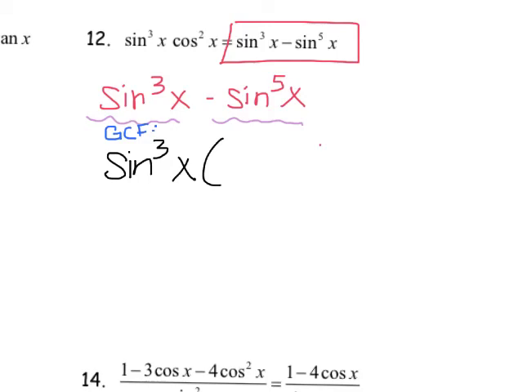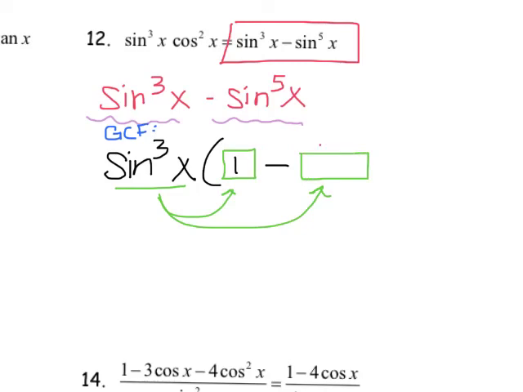So, sine cubed times what here gets you sine cubed? Well, it's already there. Multiply it times 1. Minus sine cubed times what here gets you sine to the 5th. Well, I've already got 3 of them. I need to multiply sine would make sine to the 4th.